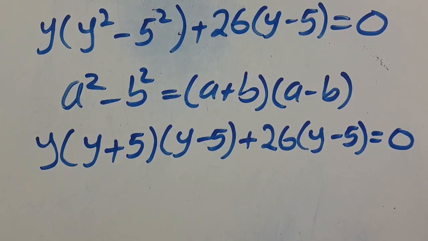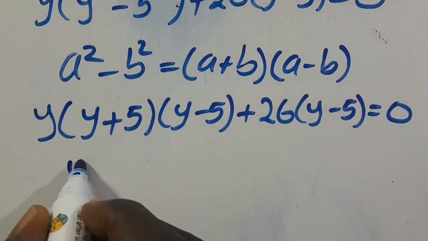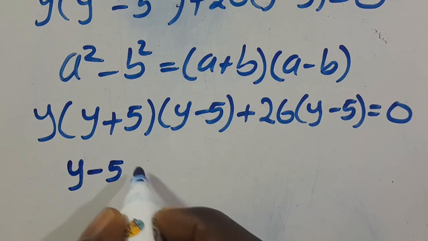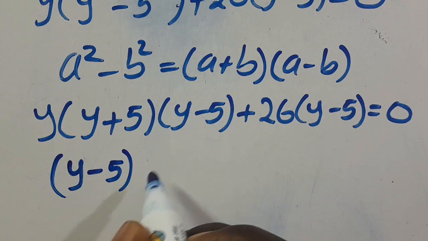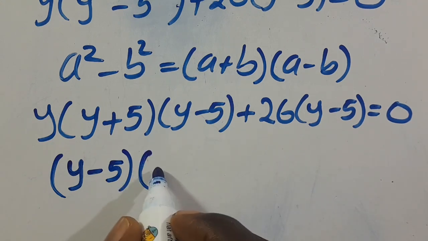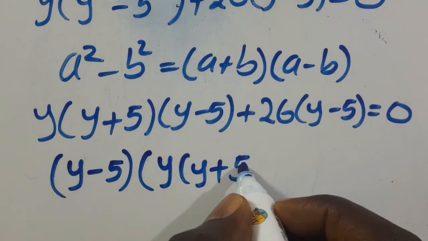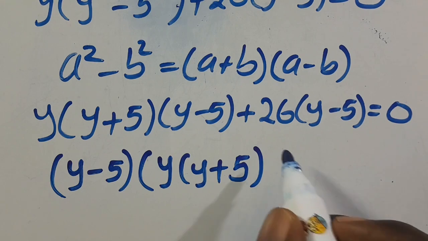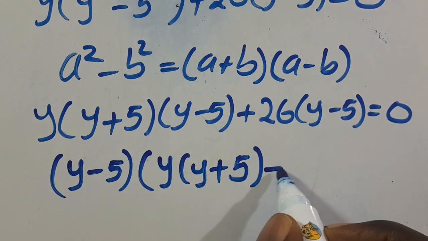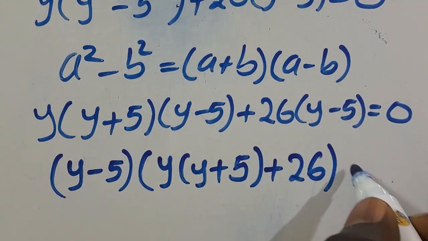So now, when looking at this expression, we can see that we have y minus 5 in common. So let's factor it out as y minus 5. Opening the bracket, we only have y into y plus 5 left, and the other part leaves only plus 26.